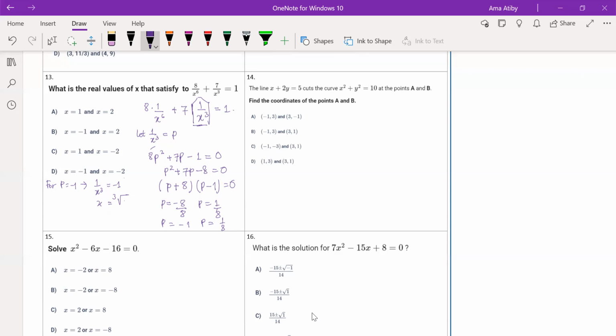Sorry for my pen. So the third root of negative 1 is negative 1.